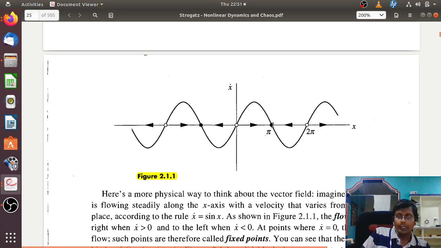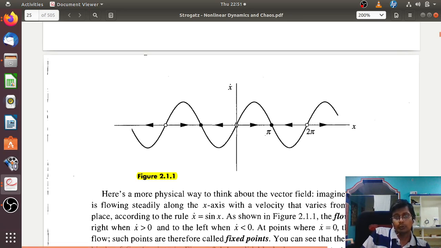If you give a little disturbance, it will come back to its fixed point, either in this direction or in this direction. But that's not the case for this fixed point. If you give a little disturbance over here, it will keep on going and go to the next stable fixed point.